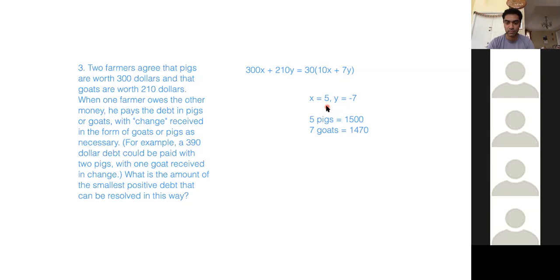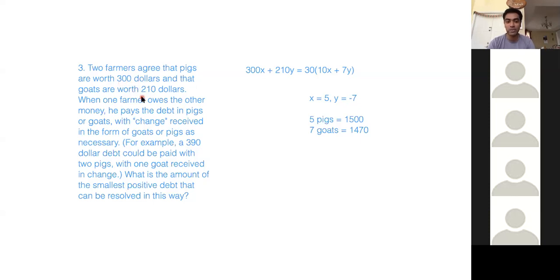Yes. Okay. So in other words, if you look at these two numbers, the greatest common divisor of these two numbers is going to be the minimum debt that I could theoretically settle. If I just look at 300 and 210, the greatest common divisor of these is 30.